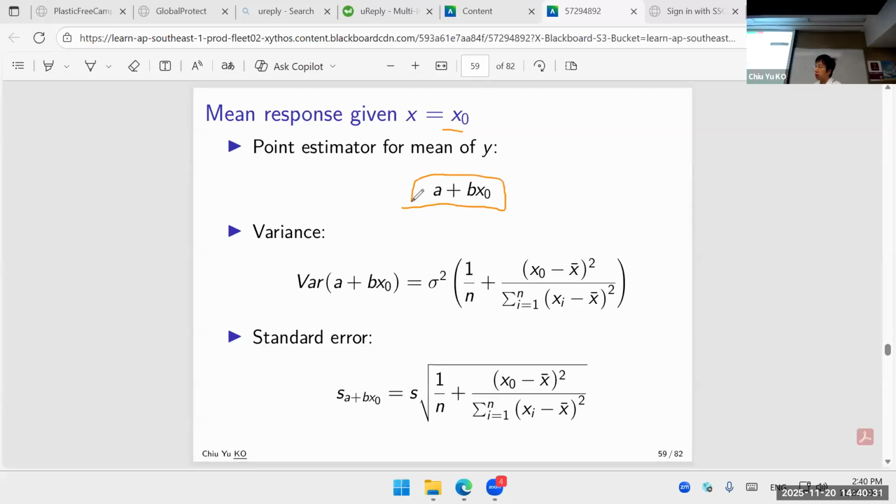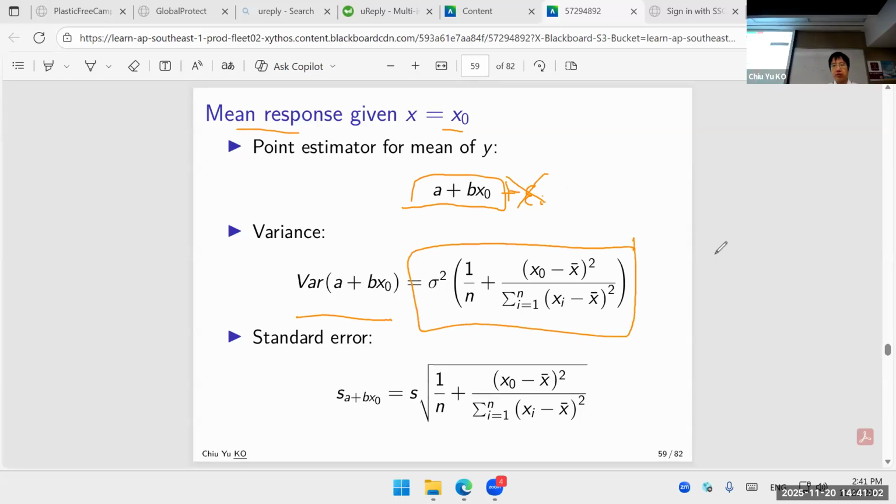But remember, the real y is a random variable, so y can be anything, and for the real y we're adding epsilon. But we care about the average, the mean response, so that's why this is gone. And you want to see the variance of this, and it turns out to be this thing.